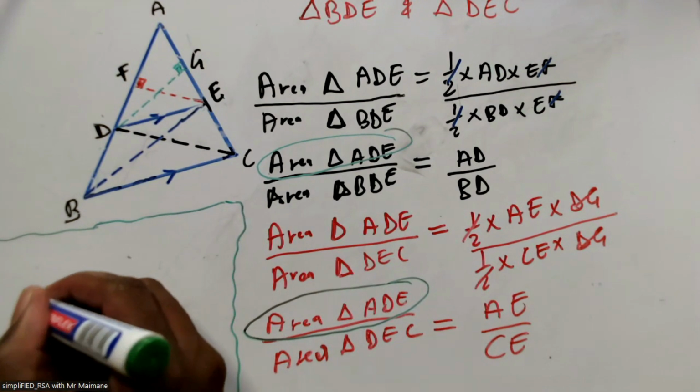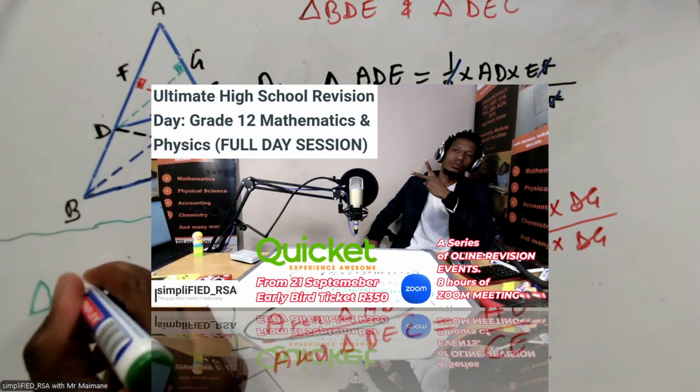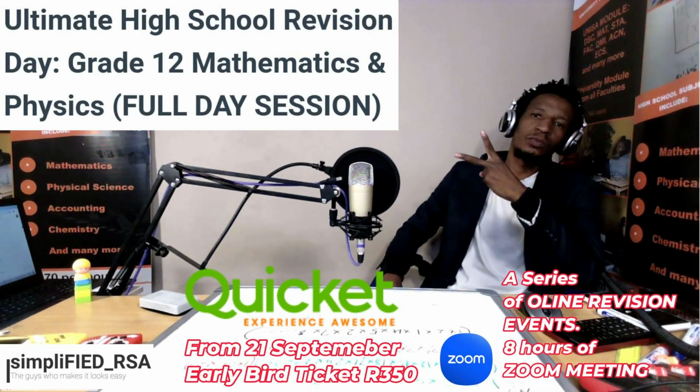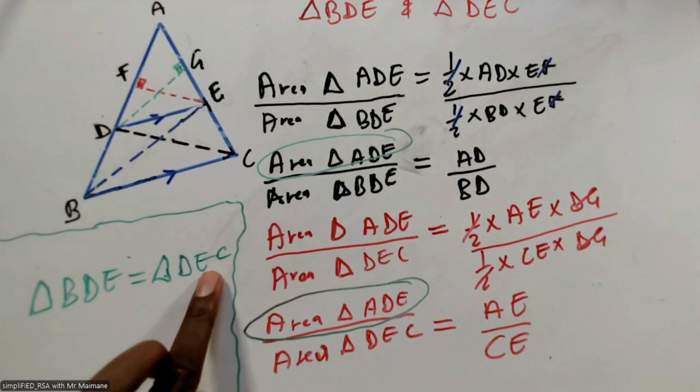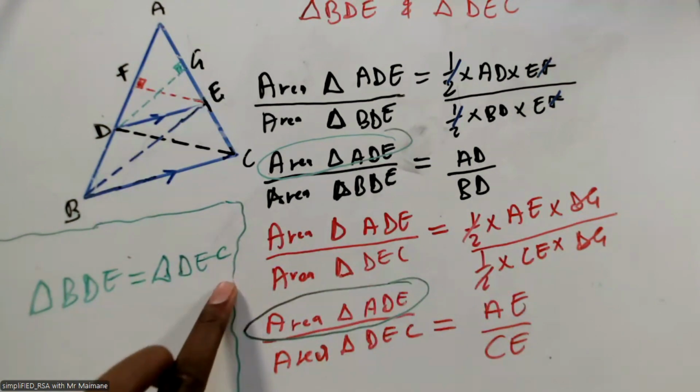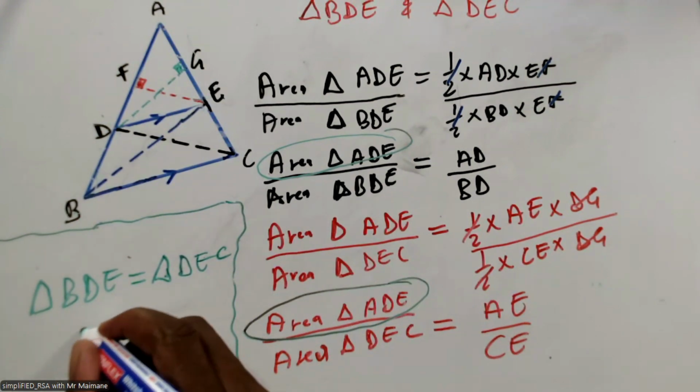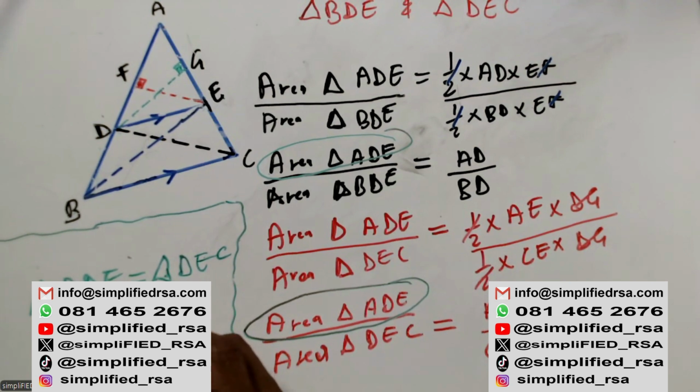Therefore, we can prove that triangle BDE is equal to triangle DEC. Reason being, the lines are parallel and they share the same base.